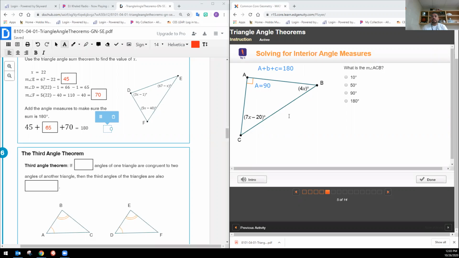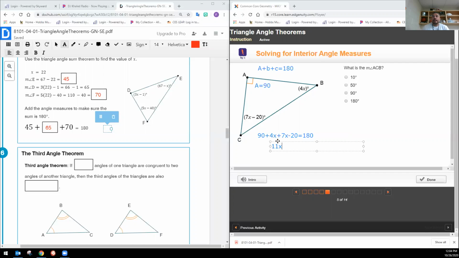So that means 90 plus 7x minus 20, and angle B is 4x, which is added to 7x minus 20, equal to 180. Now I have to combine my like terms, which are 4x and 7x, so that creates 11x.